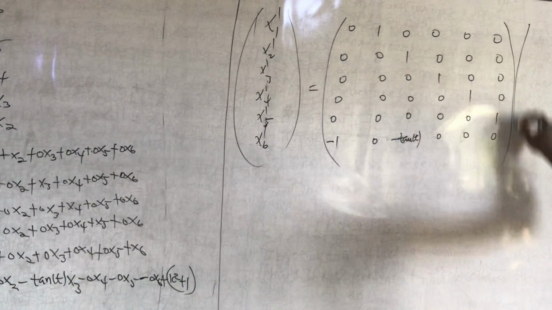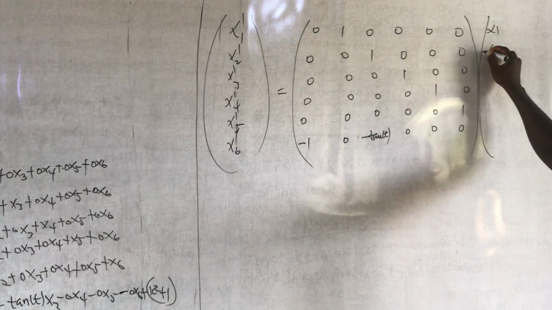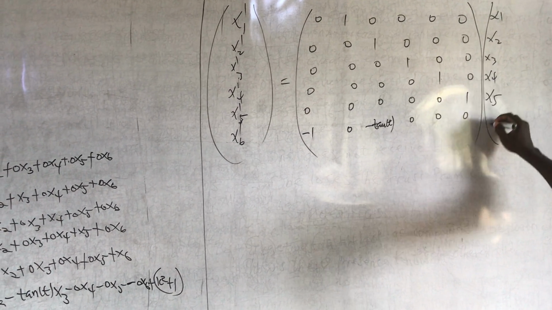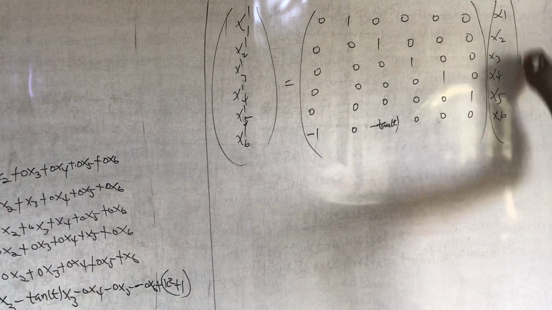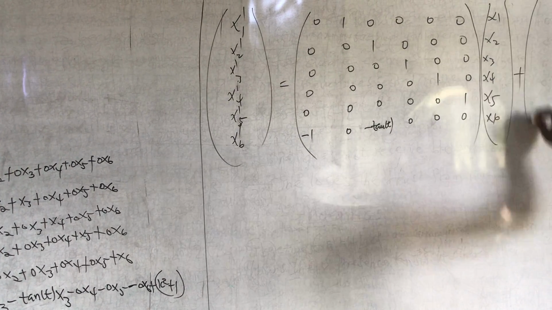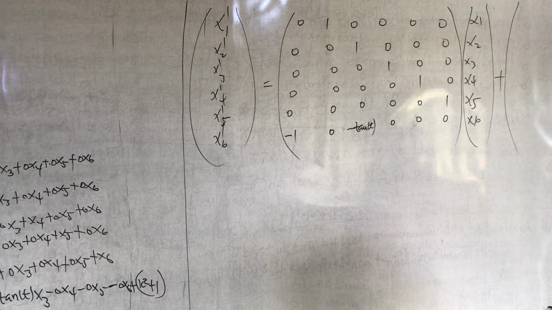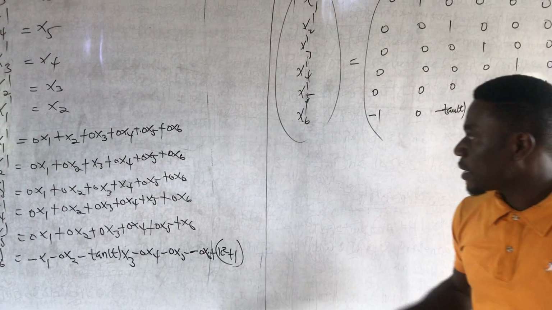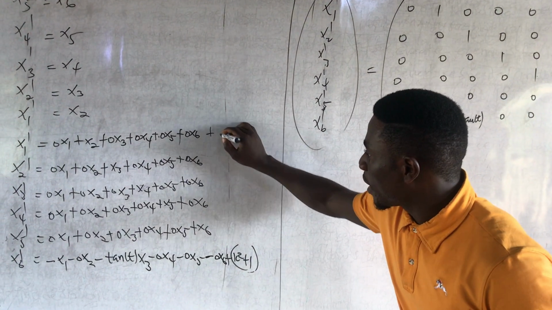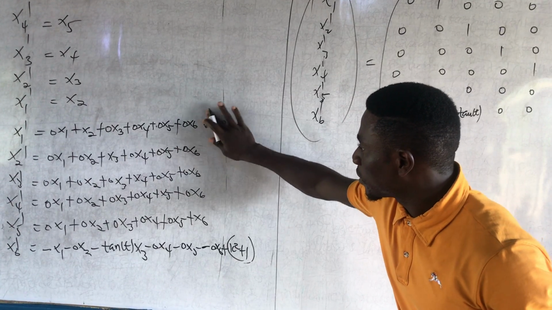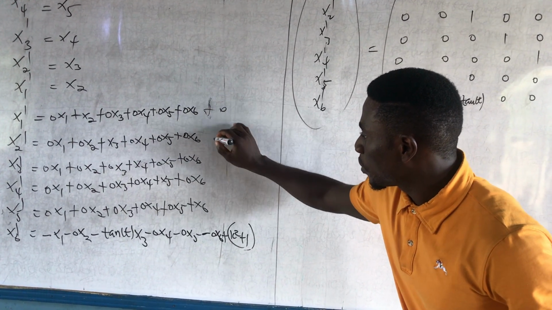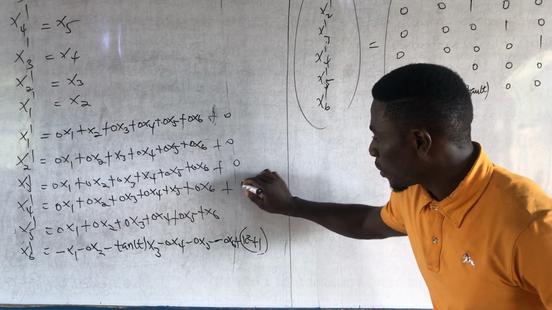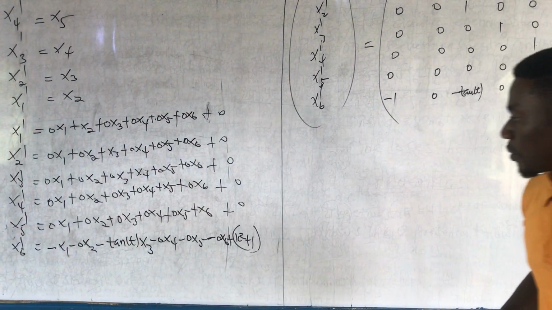Then you have here x1, x2, x3, x4, x5, x6, plus, now don't forget that we have our k² + 1 here, which means that here will be plus 0, 0, 0, 0, 0.